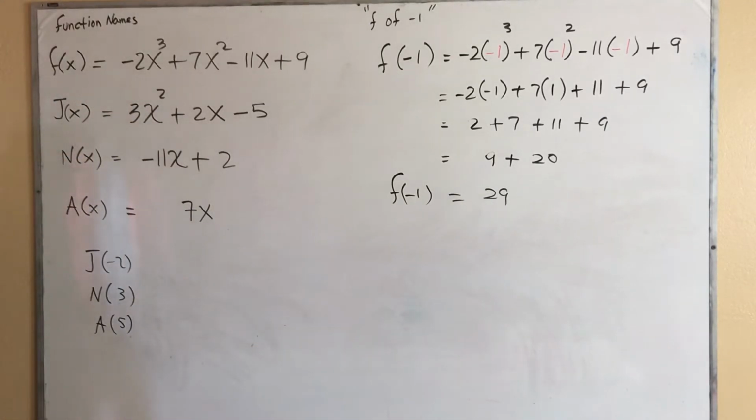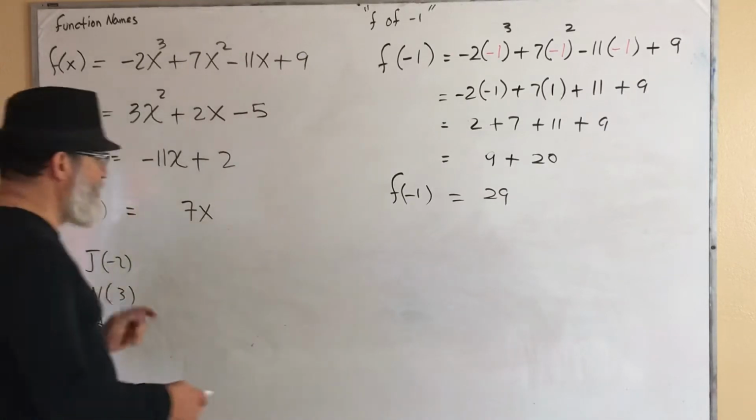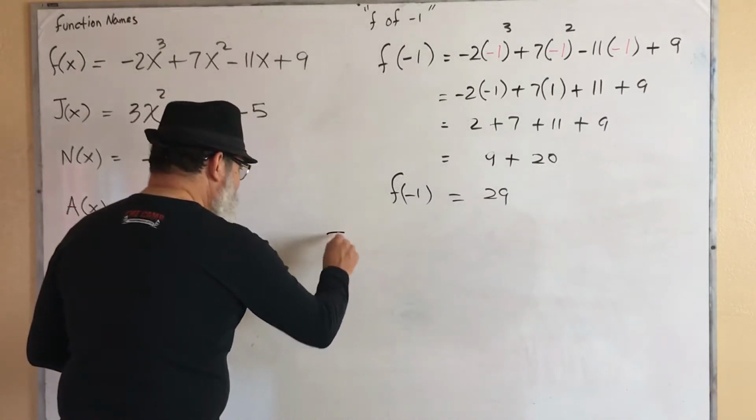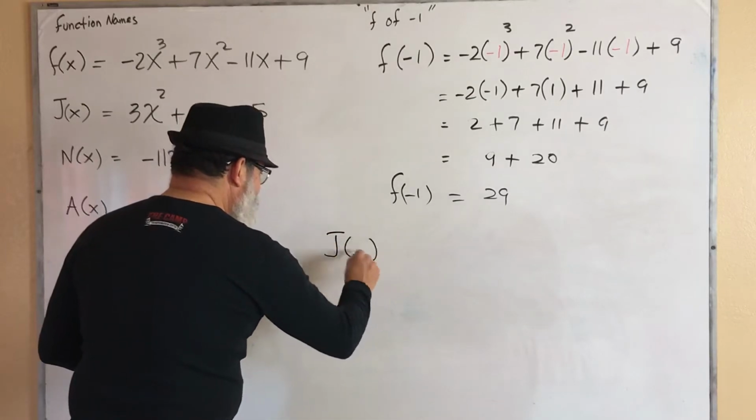Let me find out what Jack of -2 is. Jack of -2. There's Jack. And now this variable is going to be -2. Here's the way I do it. Jack of -2 is the following.